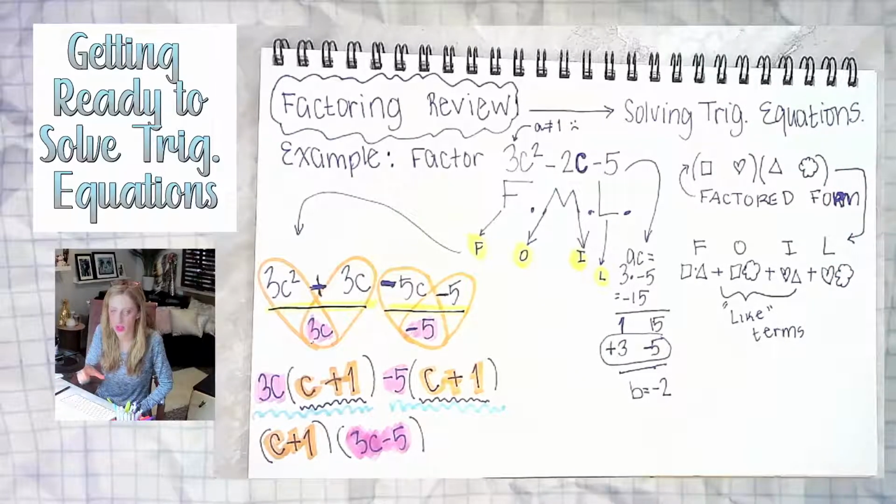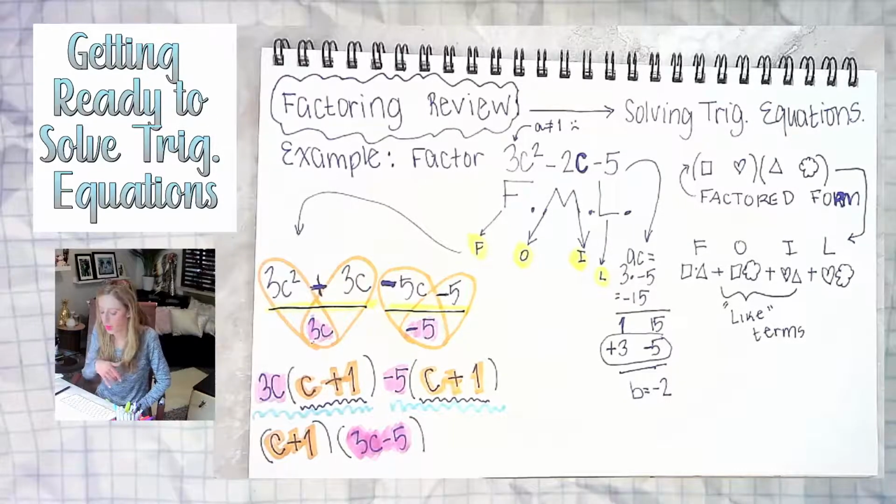You would set each factor to 0 and solve for the variable. Again, that's called the zero product property. If something's not factorable, it is prime. And if you have to solve a prime quadratic, we have something called the quadratic formula, which helps us do that.